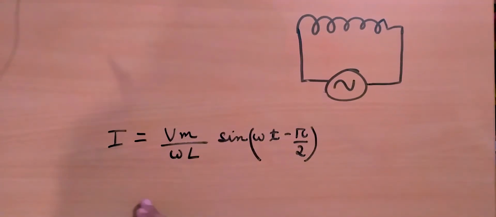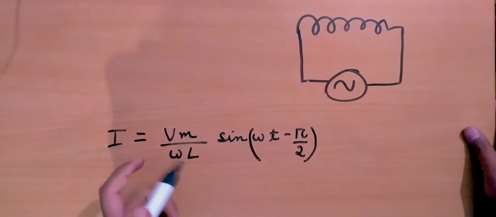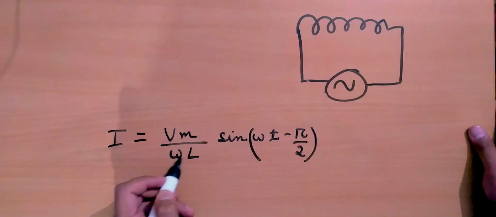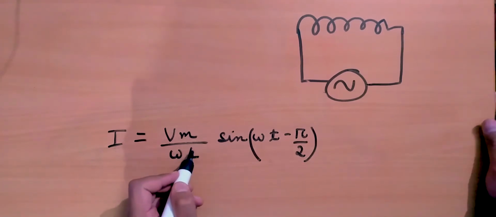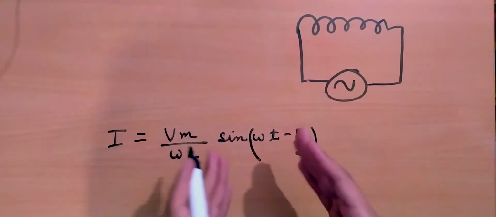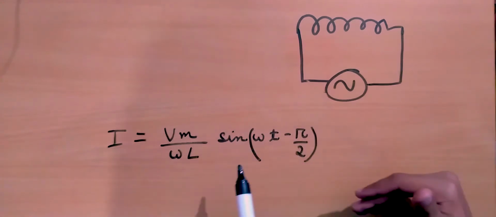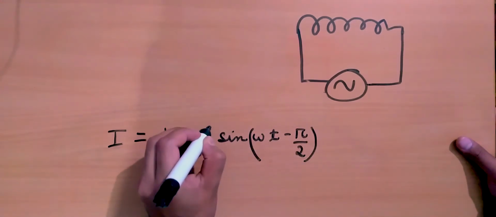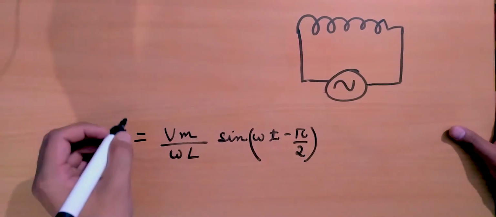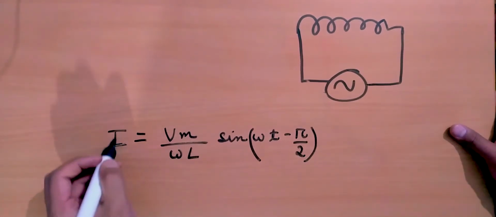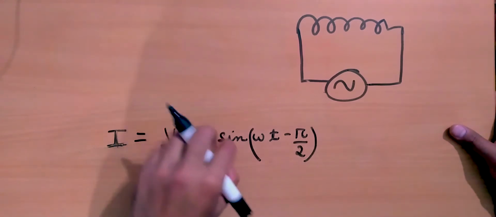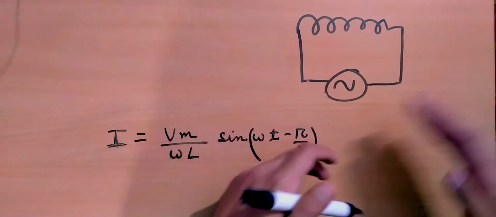The current in a circuit equals the peak voltage divided by the frequency times the inductance times sine omega t minus pi by 2. Now the things you need to note here is, so remember, this is of the form I, or the current at any point, equals some constant times sine omega t minus pi by 2.